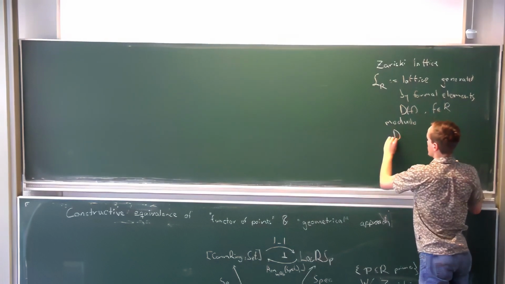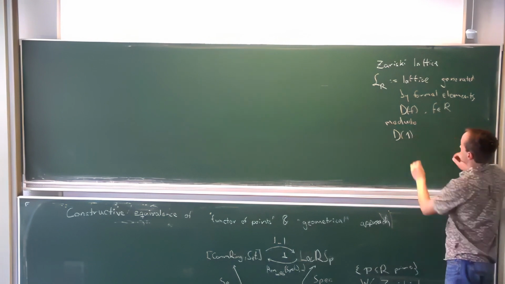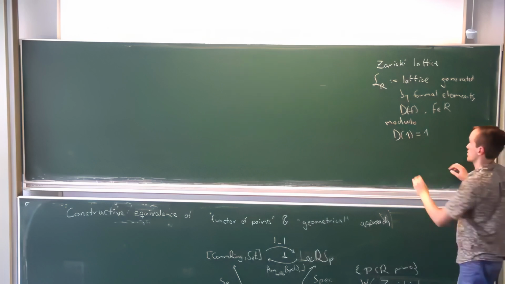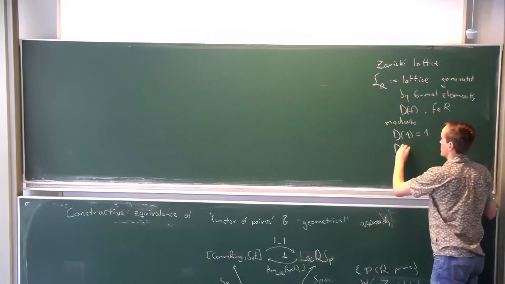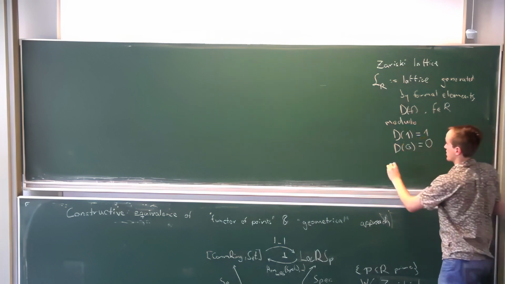Well, D(1), where 1 is the one element of the ring, is the top element of the lattice. D(0) is 0 in the lattice.